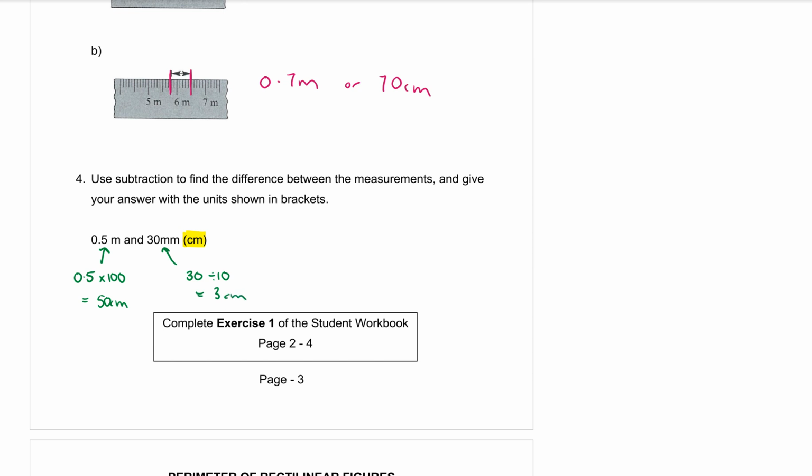Now we're told that we need to subtract. It says use subtraction. So the first measurement was 50 centimeters. I want to subtract the second one, which was 3 centimeters, which means my final answer, 50 minus 3, is 47 centimeters. Okay, so that is what you're going to be practicing today.